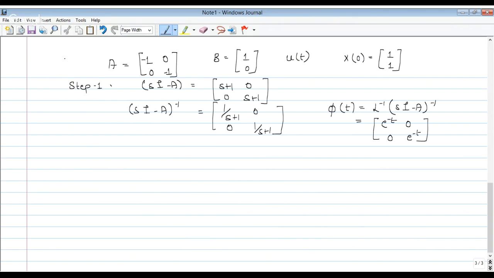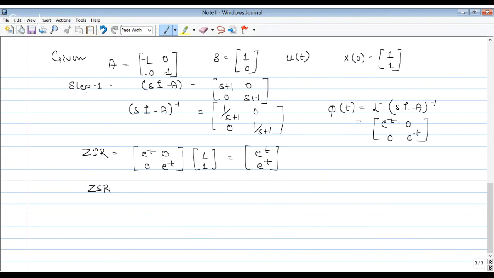So first of all, the zero input response is phi t into x(0): e to the power minus t, 0, 0, e to the power minus t, times 1, 1. So this becomes e to the power minus t, e to the power minus t.